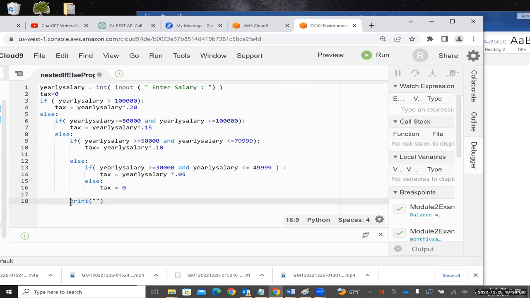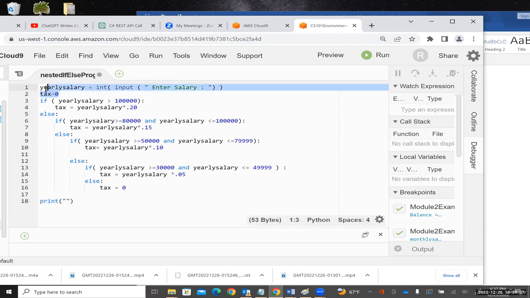Now this line becomes the body of that else. So it's very important you locate these instructions where you expect them to be. If I push it back, now this is no longer the body of that else. This is now at the same level as this line of code over here.